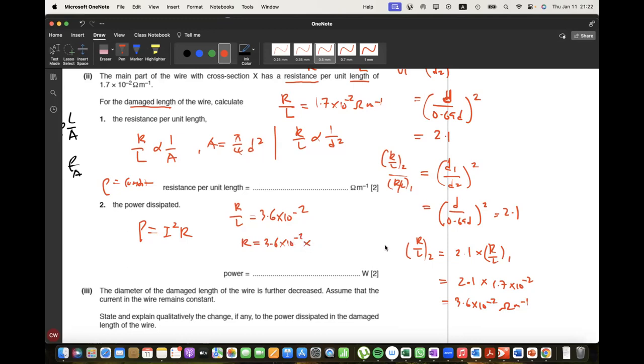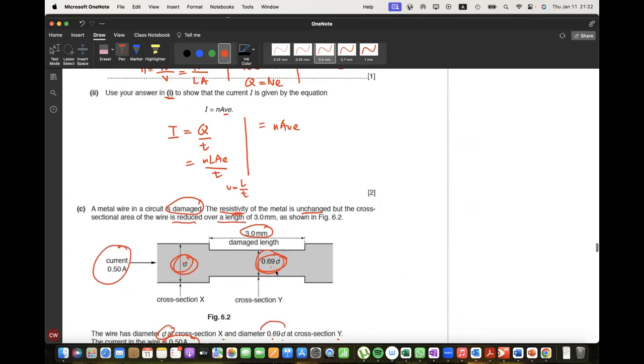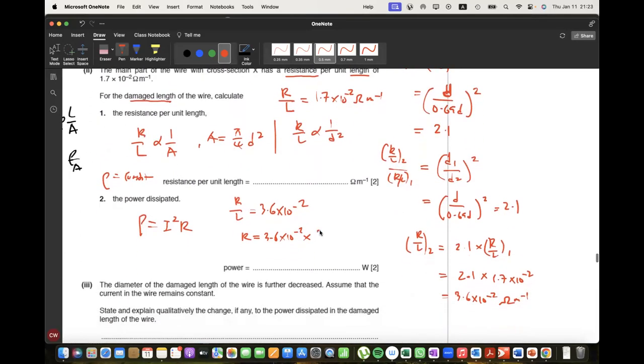What is the length? Damage part, 3 millimeter. 3 times 10 to the power minus 3. 3.6 times 10 to the power of minus 2 times 3 times 10 to the power of minus 3 is 1.08 times 10 to the power of minus 4 ohm.